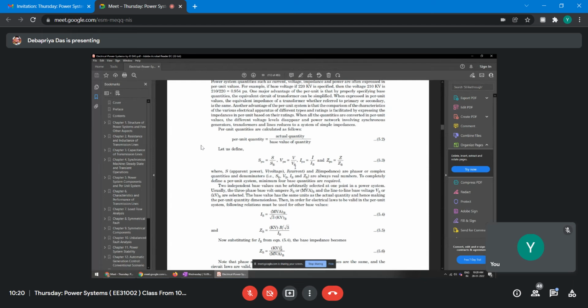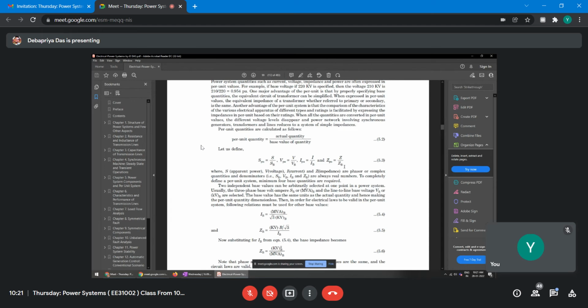Similarly, current I per unit will be I, the actual value, by IB, the base current. Similarly, ZPU is equal to Z upon ZB, where Z is the actual value and ZB is the base impedance, right?